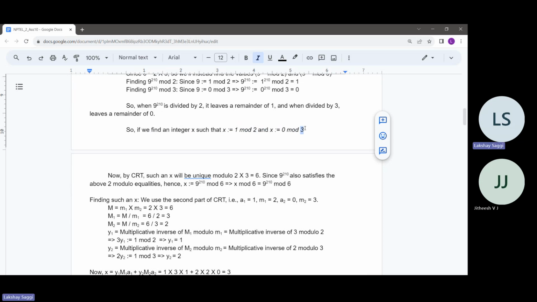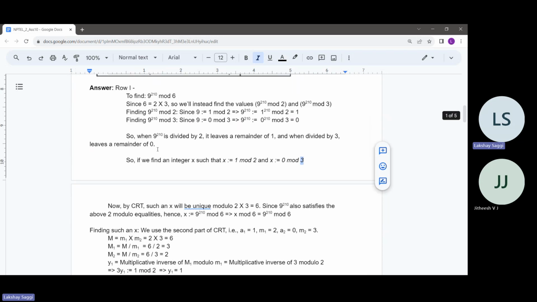So it will have a unique solution modulo 6. What this essentially means is that 9 raised to power 210 mod 6 will always be equal to x mod 6.